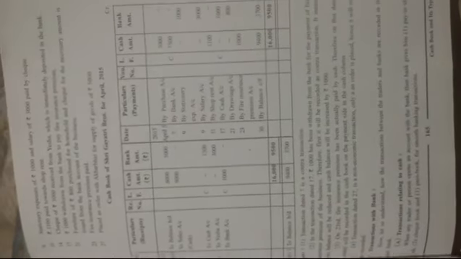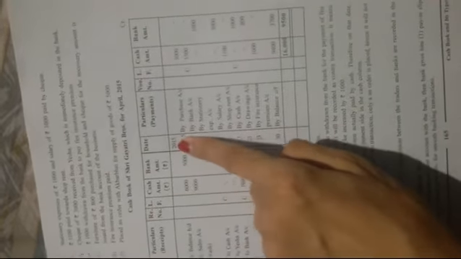Then the next transaction is on the 5th of April. Goods of rupees 3,000 was purchased for cash from Janki. So here goods are purchased, therefore cash is going out of the business, therefore it would be recorded on the credit side, or we can say on the payment side. So write down the year first of all 2015, then April 5th, because it has been taken on April 5th.